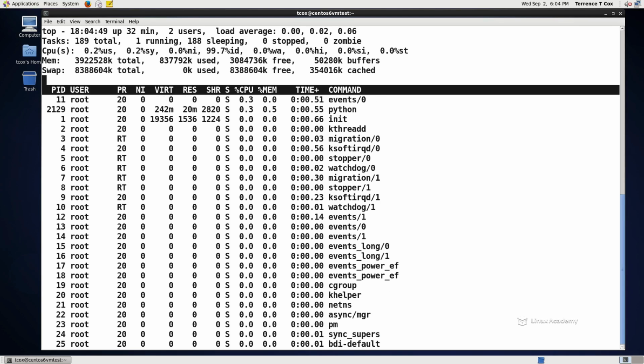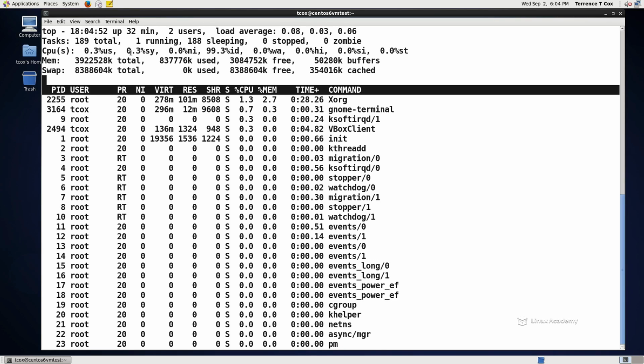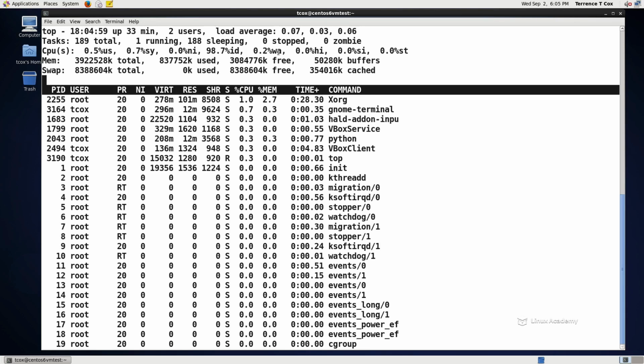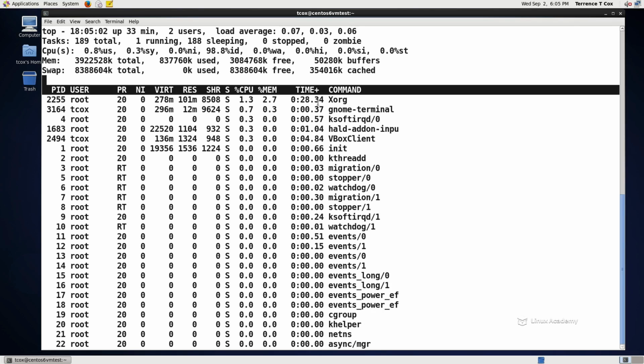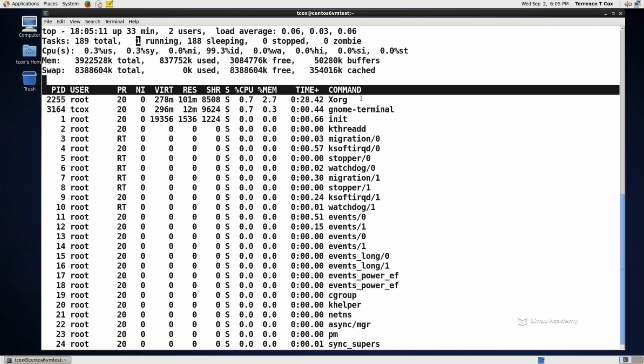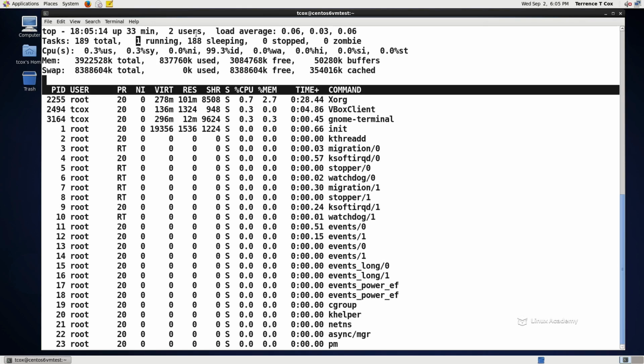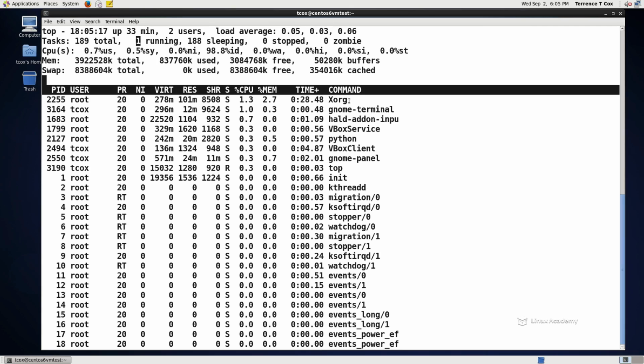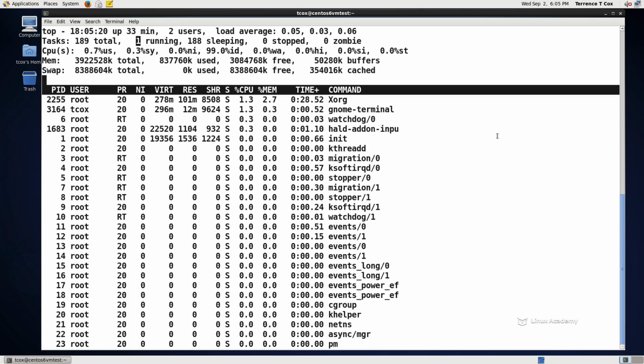It tells us the CPU utilization overall for the system, and then it breaks it down by system processes, nice processes, what's idle, what's in wait state, what's a zombie, what's a system state, etc. It tells us the number of processes that are running in total. It tells us how many are running, which in this case is just X windows. Everything else is sleeping. It tells us how many users are logged in, how long it's been up, and what the load average is.